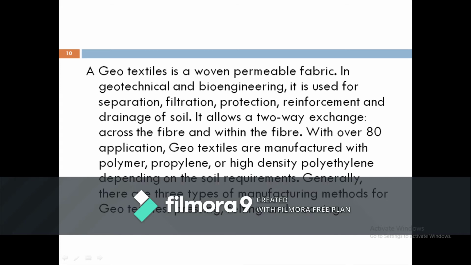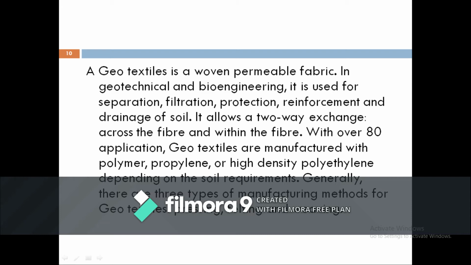So how is this geotextile element made? Geotextile is a woven permeable fabric in geotechnical and bioengineering. It is used for separation, filtration, protection, reinforcement and drainage of the soil. The next element that we have is geofabric or geotextile.